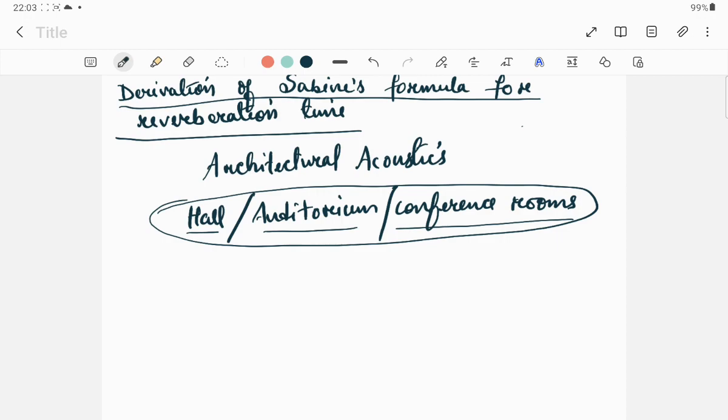It should be with a good loudness, and it should be with a good clarity. So for making a good auditorium or a good hall or a conference room, for building these structures, we need to go to the basics of the sound phenomenon that happens inside a hall or auditorium or a conference room.